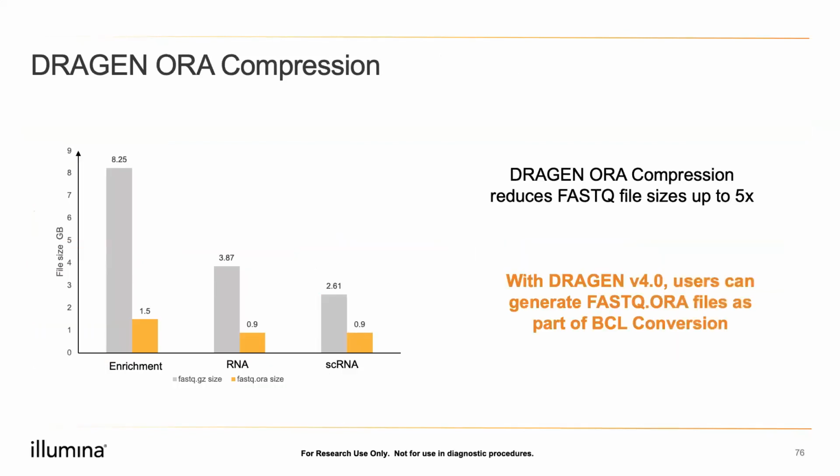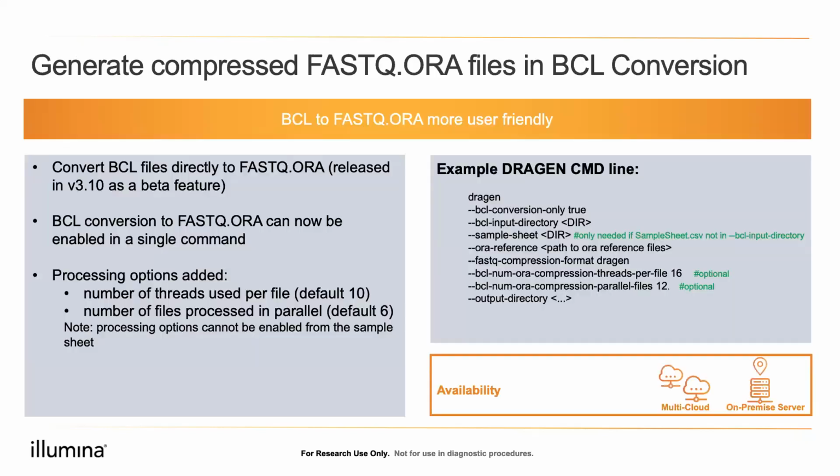All right, we also have some updates on DRAGEN ORA Compression. Just to remind you, DRAGEN ORA Compression reduces FASTQ file sizes up to 5-fold. ORA stands for Original Read Archive. With DRAGEN version 4.0, users can now generate FASTQ.ORA files as part of BCL conversion. That's something we already had in version 3.10 as a beta feature, but now it's out of beta.